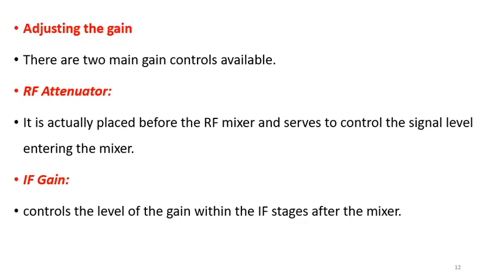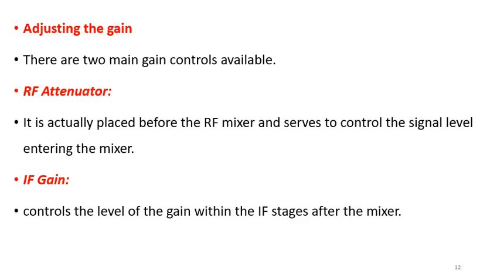We can do it in two ways. The first is to use what we call an RF attenuator, a circuit that receives an RF signal and reduces its amplitude so that we have a safe value of amplitude entering our spectrum analyzer. Otherwise, when the amplitude is very high and goes beyond the safe limit, it can cause damage to the spectrum analyzer.